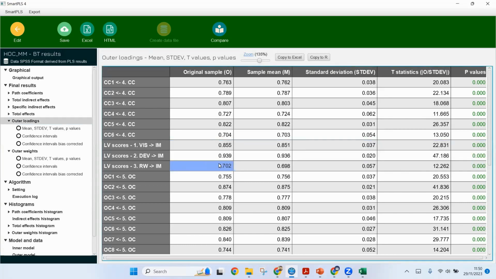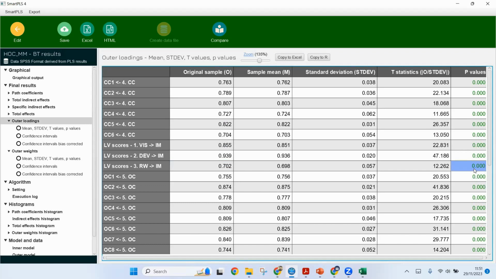Now, even if this was less than 0.50, if the weight is significant, no issue. So let's assume this is not 0.702, but 0.402. Weight is in terms of the impact contribution in forming that particular formative construct, whereas loading is in general terms the variance explained in the construct by the item.